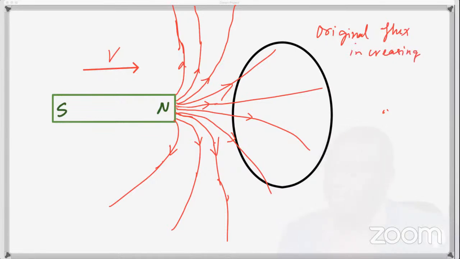And if you go to the table that we just generated, Lenz's law says the induced EMF will oppose this change. You oppose increasing flux by doing what? By creating flux.